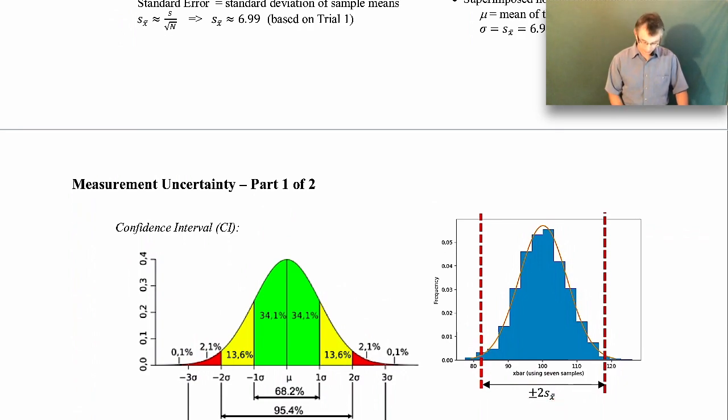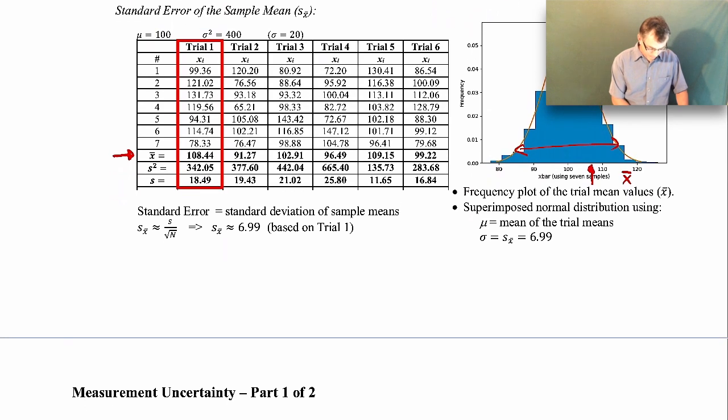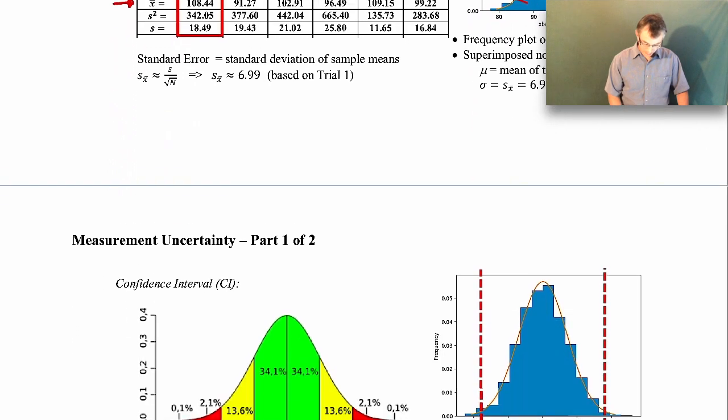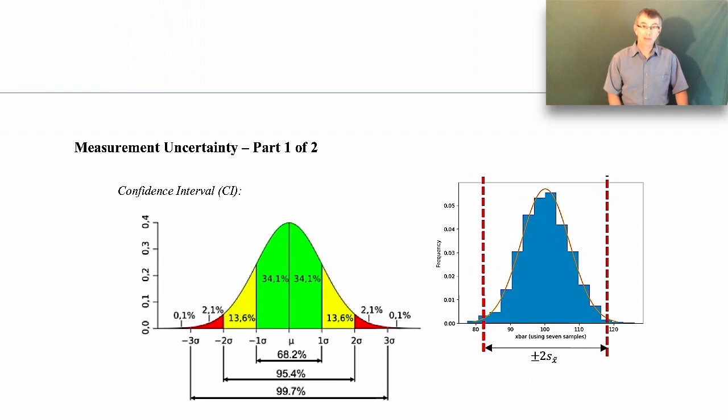This is a little confusing to say, but remember, this is the standard error that we calculated back up here. It's the standard deviation of the sample means. So we want to be within plus or minus 2 values of that. Roughly 95% of our measurements will lie within that range.